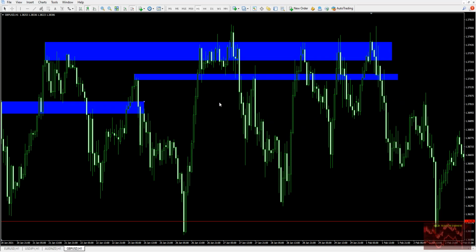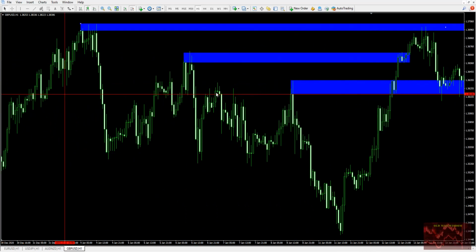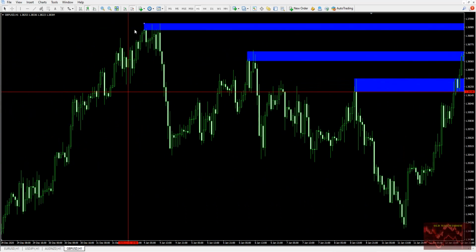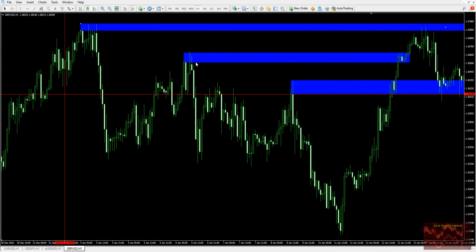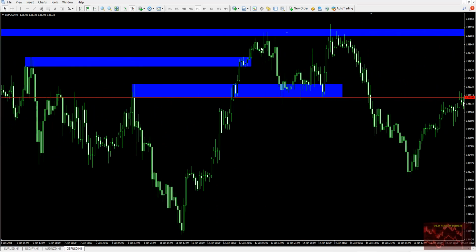So in just these few zones that we've drawn up, how many winning trades have we had? Not this one, not this one, but we would have got one here.